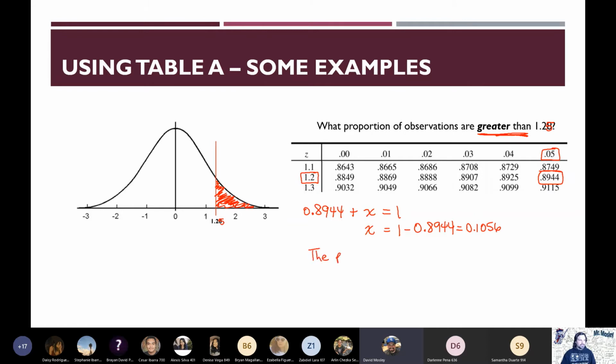And we can answer the question, the proportion of observations, I'm going to use some notation here, greater than 1.25 is 0.1056. Okay. So we're using the table, but not just taking the value this time. We have to subtract that from 1 to get the greater than amount. Right. Any questions on this part, on this example?